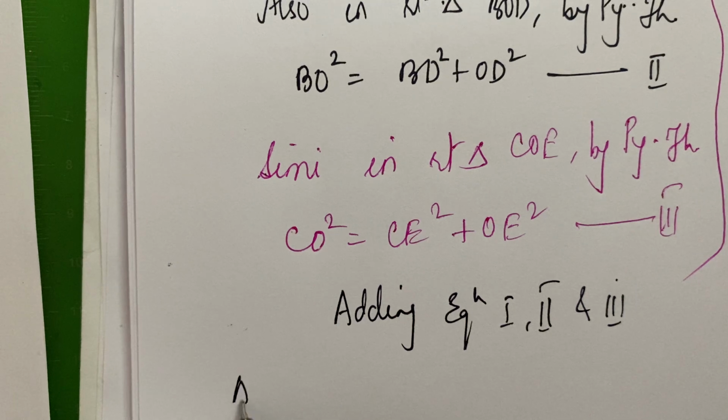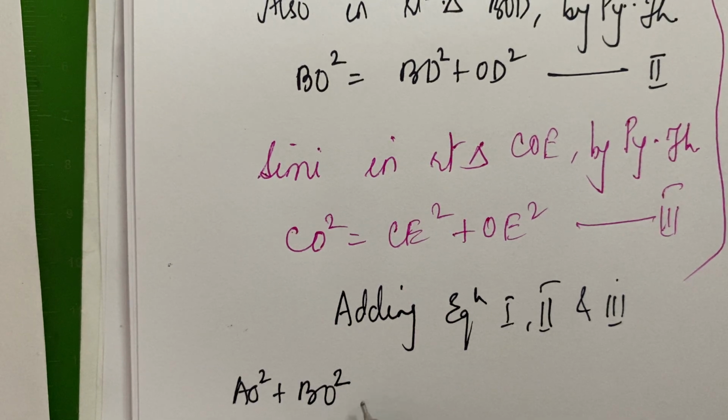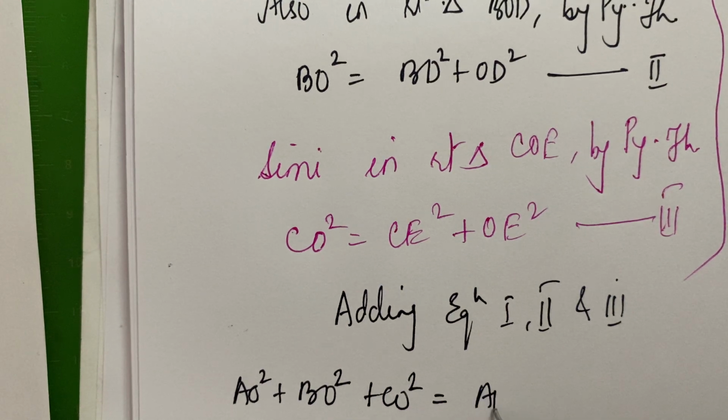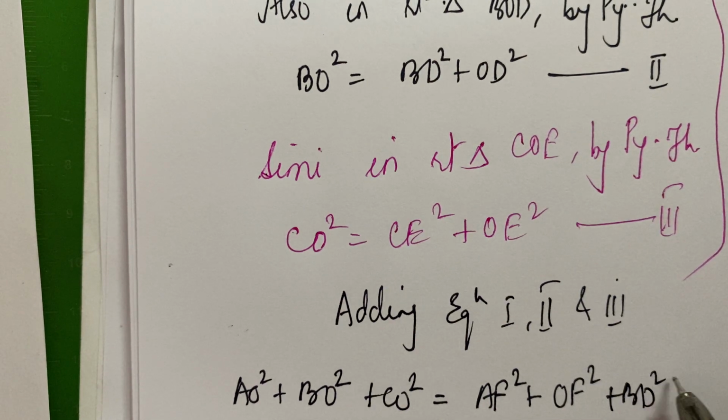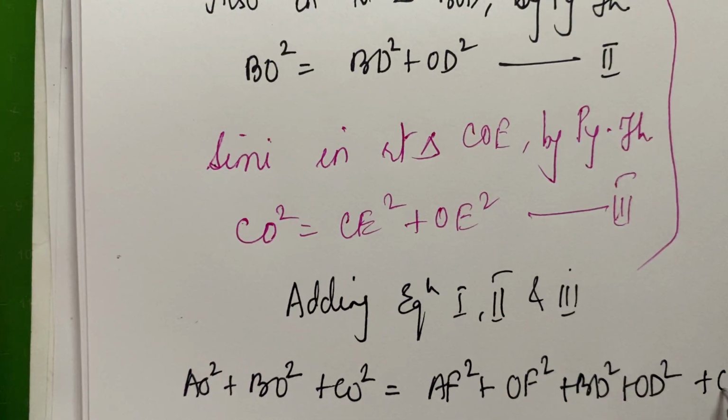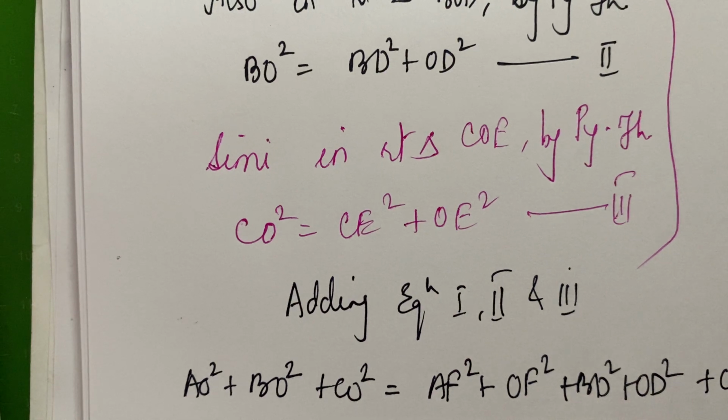So you are adding AO square plus BO square plus CO square is equal to AF square plus OF square plus BD square plus OD square plus CE square and plus OE square.